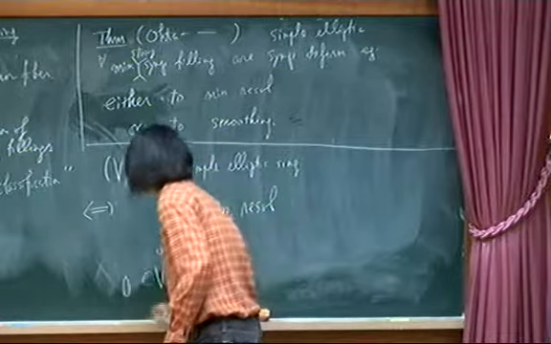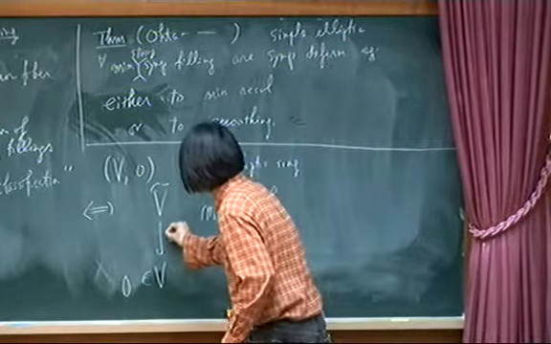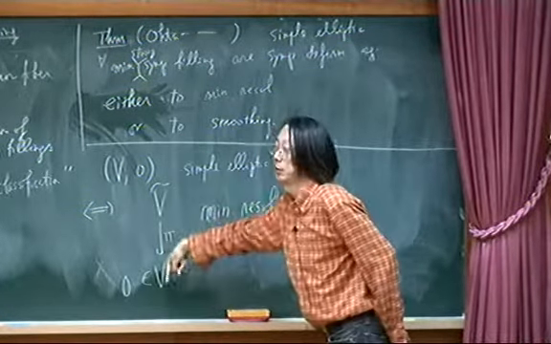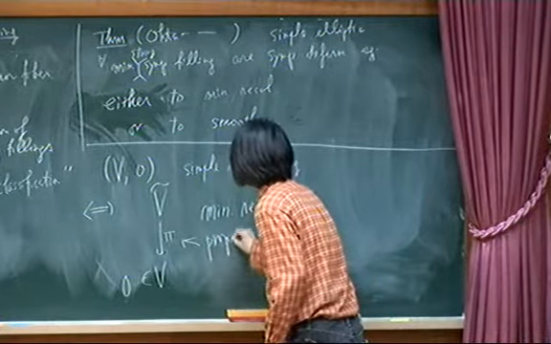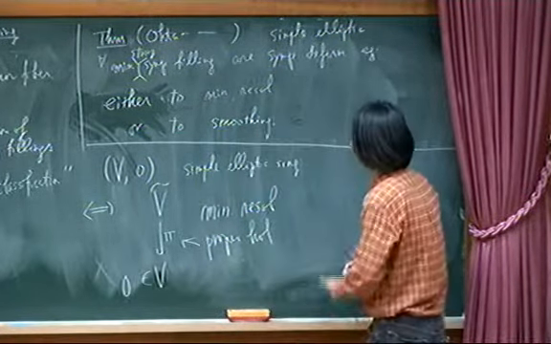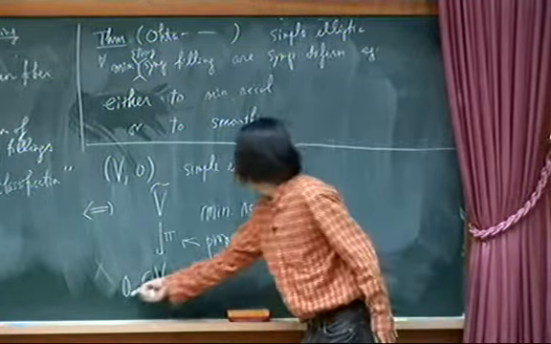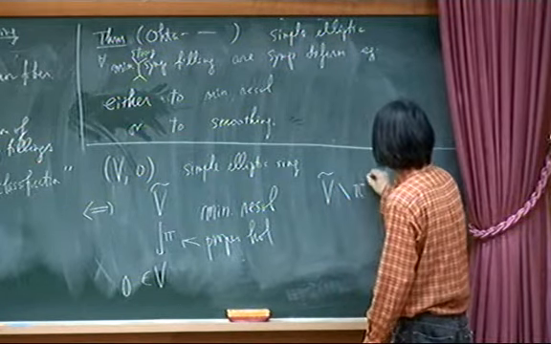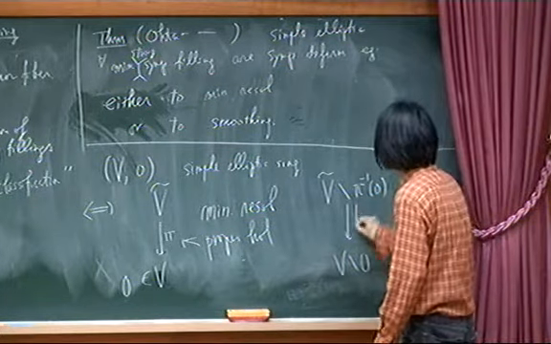The origin is an isolated singularity, and pi is a proper holomorphic map, so that pi is biholomorphic away from the origin. That means V tilde minus pi inverse of 0 to V minus 0 is biholomorphic.